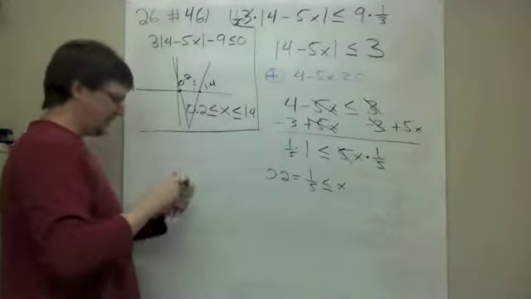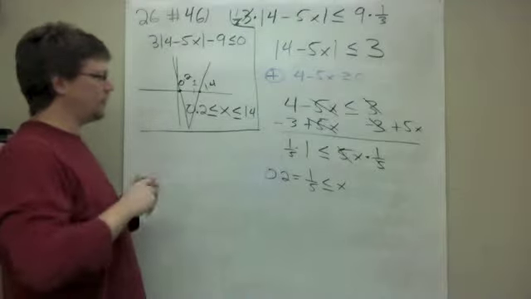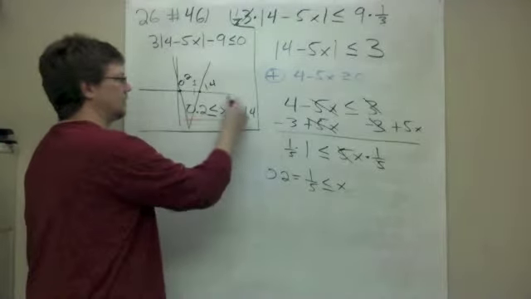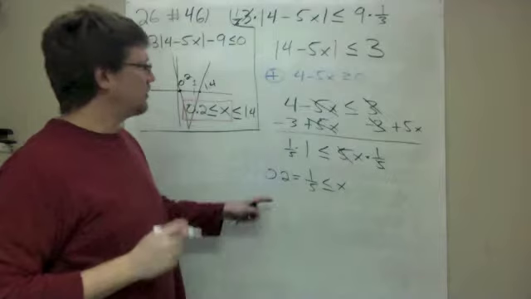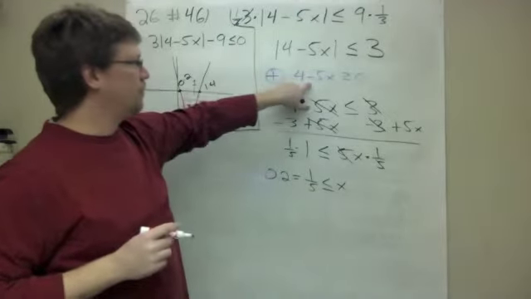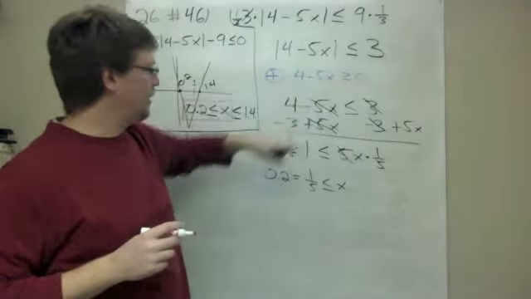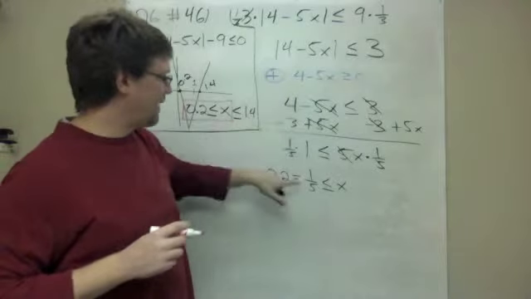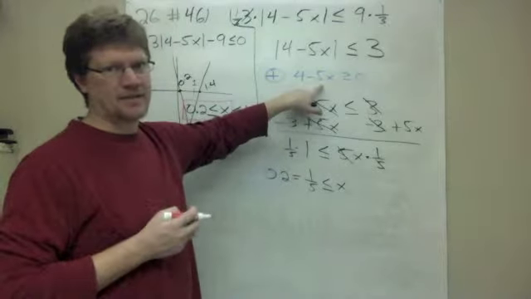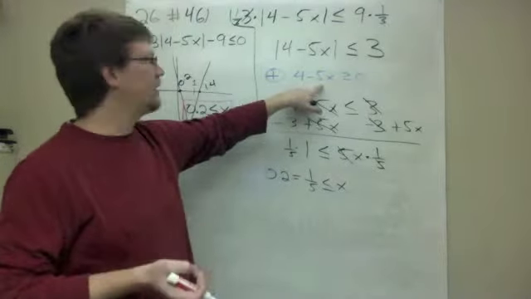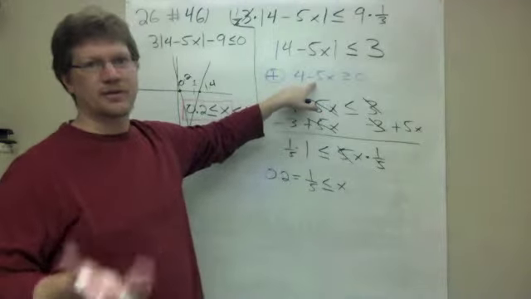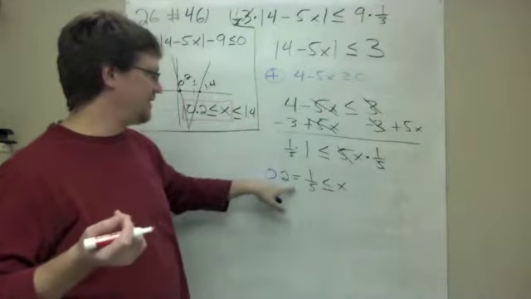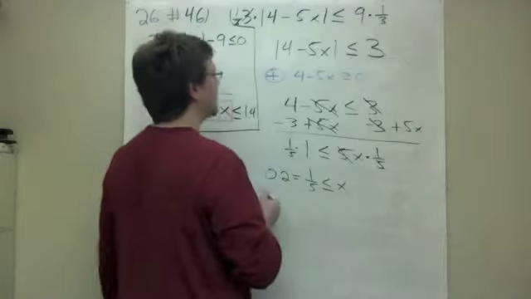So we have this side of the inequality already. Okay? Now we should certainly check to see if 4 minus 5x is greater than 0. If x is 1/5, 5x is 5 times 1/5, which is 1. 4 minus 1 is 3, and 3 is positive. So this is in our range.